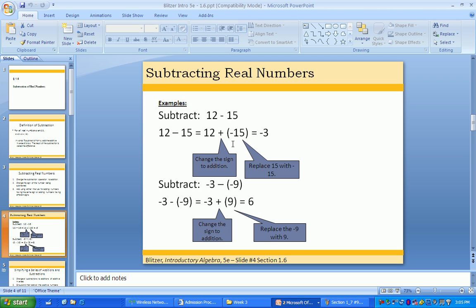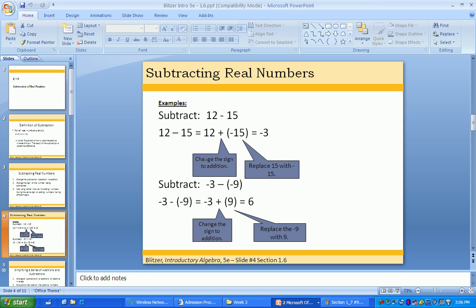So here's an example that demonstrates those processes. They're asking us to subtract the following problem: 12 minus 15. Well, if we use the steps that we just talked about, we can rewrite it as 12 plus a negative 15.